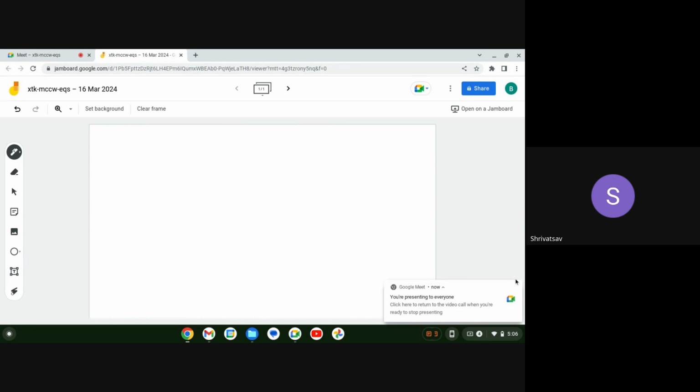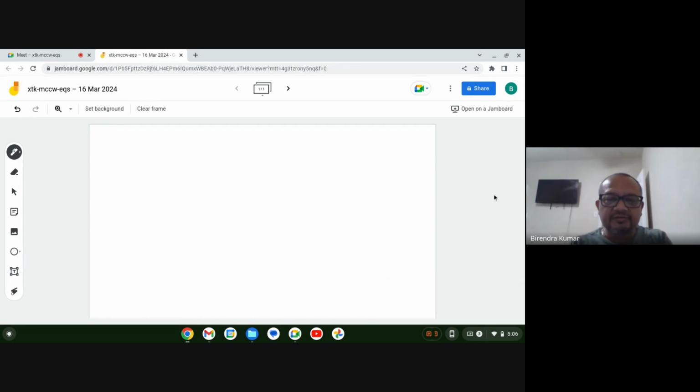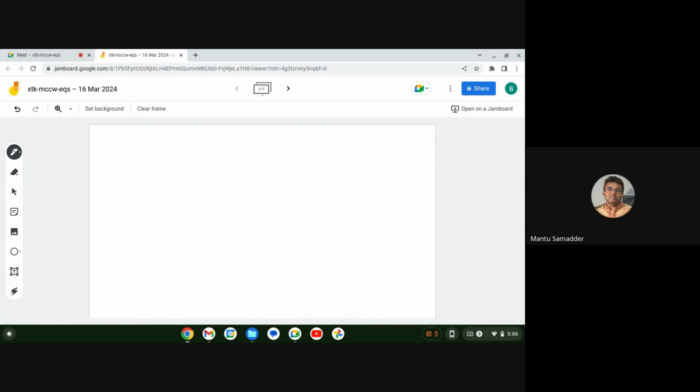Yeah. Okay. Now, first of all, let's look at what is the difference between equation and expression. Who can tell me that? An expression doesn't have an equal sign, while an equation does have an equal sign.